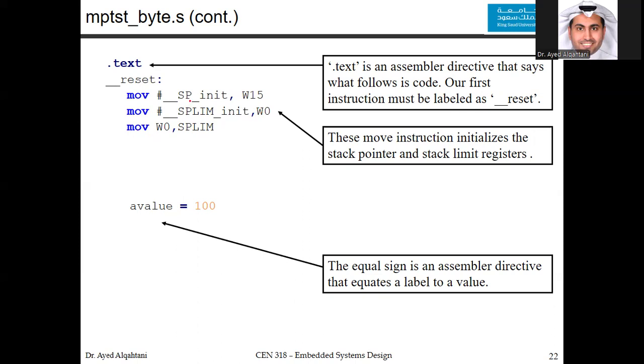The S in SP is standing for the stack. So here we have a stack pointer. We define the stack pointer and initialize it. We initialize the stack limit registers as well. So this initialization, the assembler is responsible to do this generation.